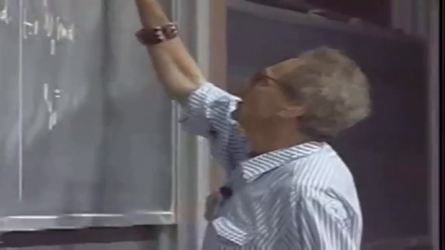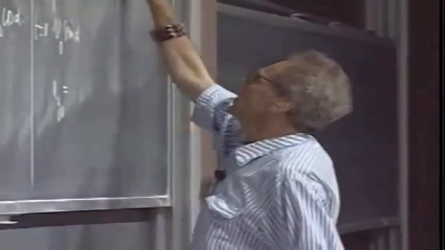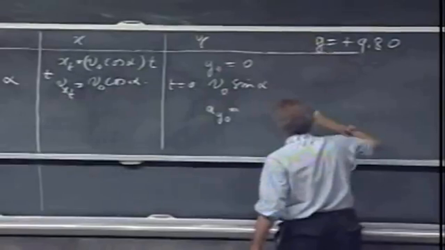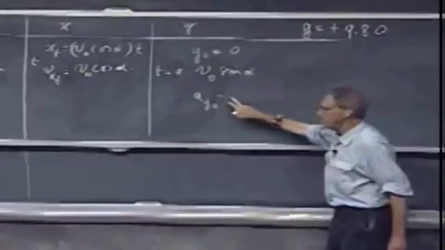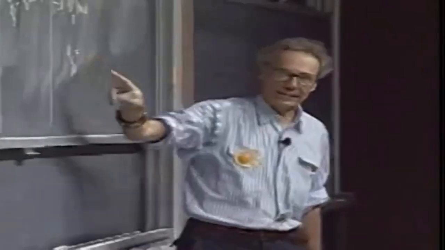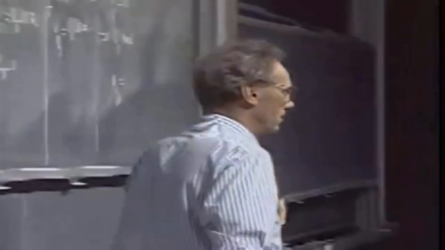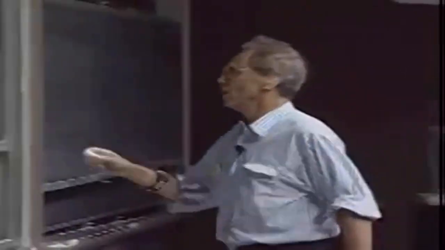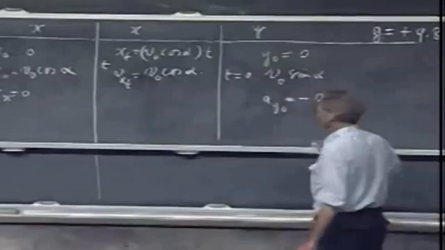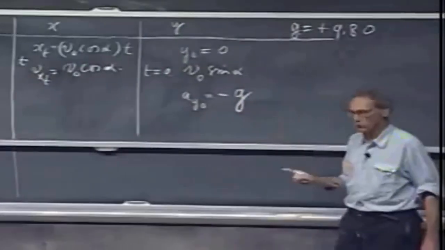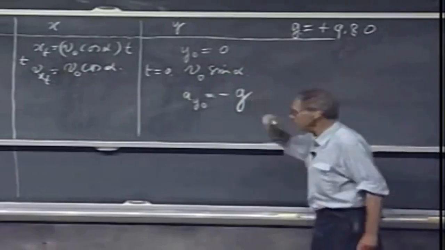Well, if we call the acceleration due to gravity g equals plus 9.80, and I always call it g, what would be the acceleration in the y direction, given the fact that I call this increasing value of y? Minus 9.8, which I will also say always call minus g, because my g is always positive. So it is minus g.